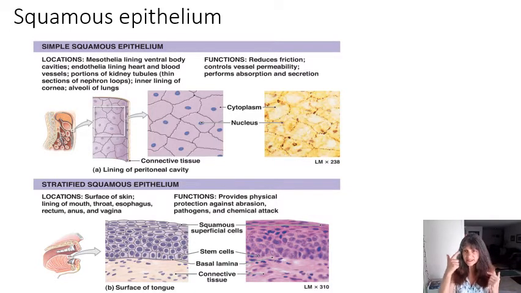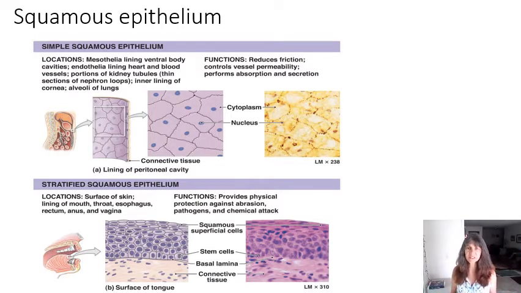By the way, the cornea is the clear part of your outer portion of your eyeball. Also, the alveoli, which are the tiny little air sacs inside your lungs that allow for gas exchange. Those are all made up of simple squamous epithelium.